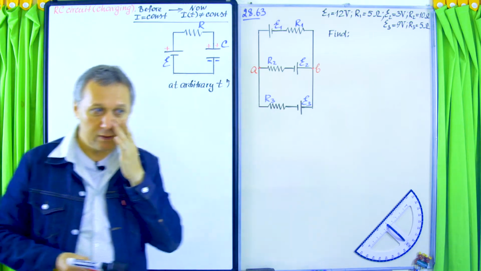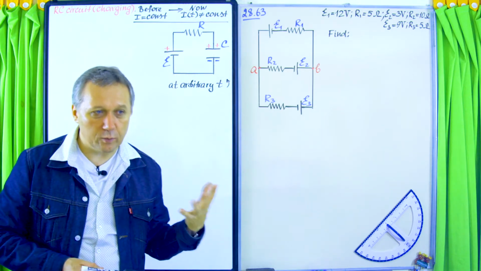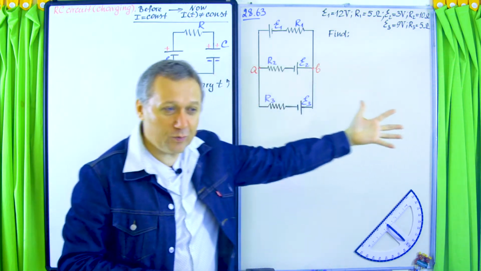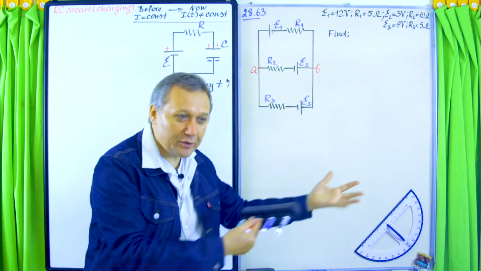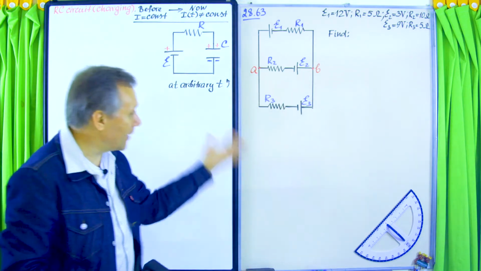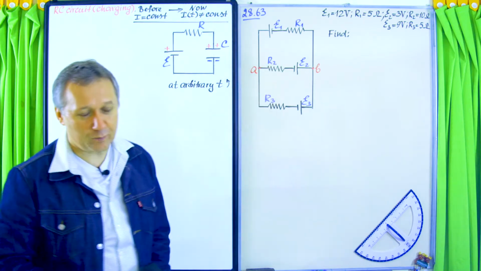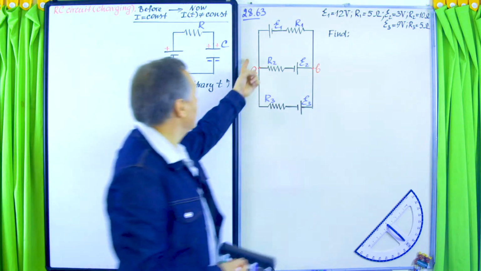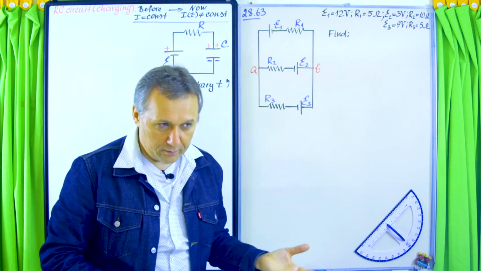Let's give it a name, and that current, of course, is unknown. That's why you see I wrote find, but I didn't write what needs to be found, because at the very beginning I haven't introduced our unknowns. Now I'm ready to introduce what needs to be found. So the current through this part of the circuit, I will label as I1.